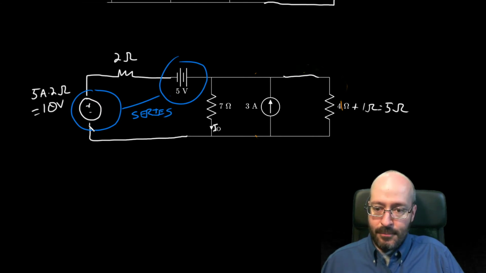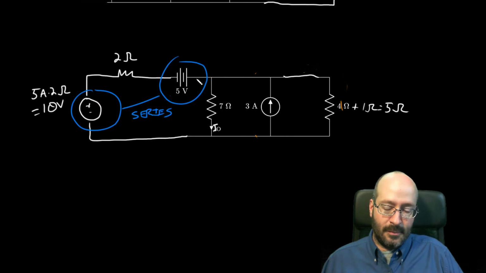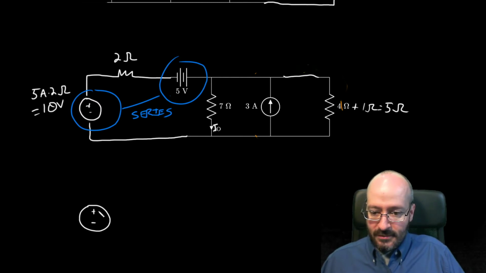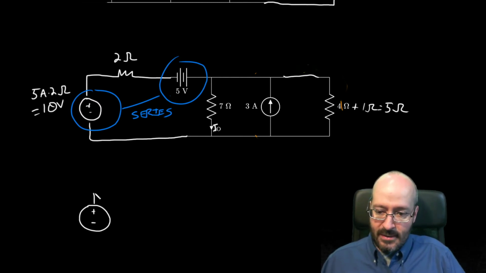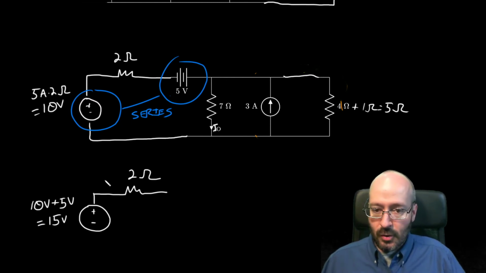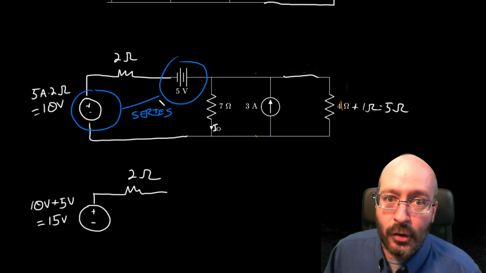So if I go bottom to top, that's plus, and then as I keep moving around, I'm moving negative to positive, so that's a plus as well. So we did this in videos gone by, but we can combine those, and it's going to be 10 volts plus 5 volts equals 15 volts. And this is 2 ohms. Okay, so I got rid of that 5 volt on the top.